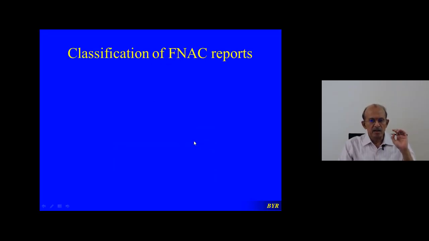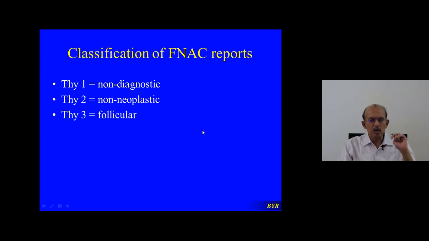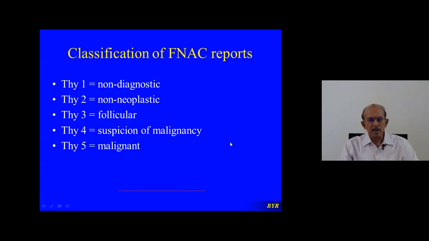Basing on the classification of the FNAC reports, already I told you, Thy1 means non-diagnostic, 2 means non-neoplastic, 3 means follicular neoplasm, 4 means suspicion of malignancy, 5 means frankly malignant.